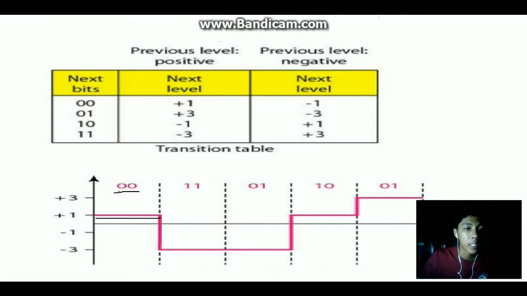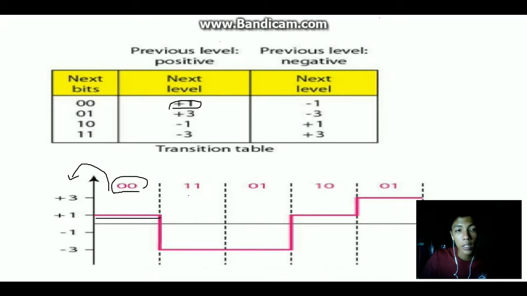For example, for the first 2 binary bits, we assume the previous level is positive, so they stay on +1. According to the table, +1.